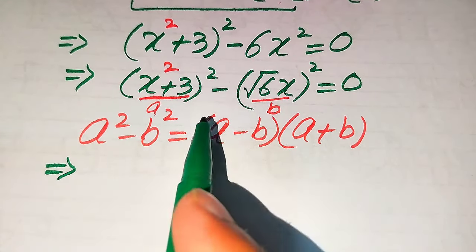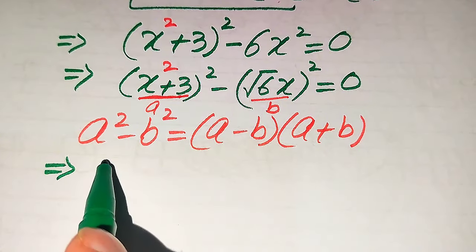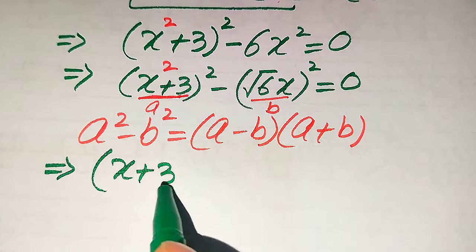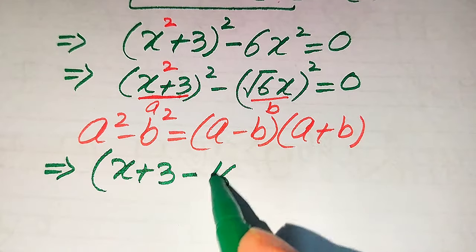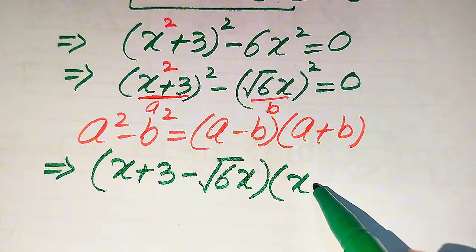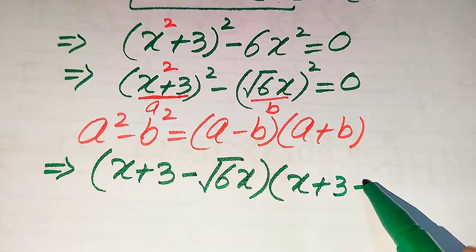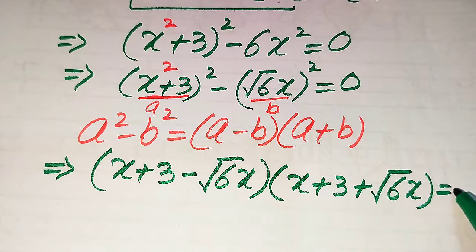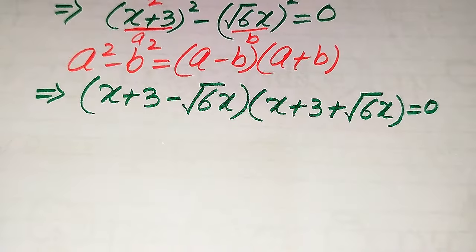So according to this, we can write our above equation as, first we have a minus b, the value of a is x square plus 3 minus the value of b is square root of 6x, into a plus b. The value of a is x square plus 3 and the value of b is square root of 6x, and this whole equation is equal to 0.